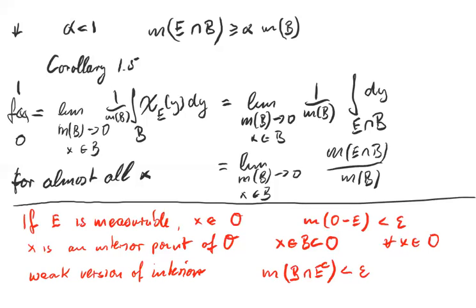So if x is an element of E and is a point of Lebesgue density, then it's a weak version of an interior point of E. Yeah, because E might not be open, right? It might not have any interior points.